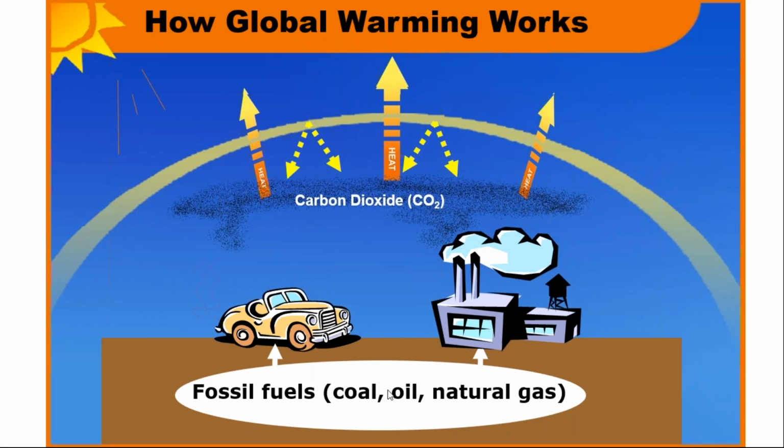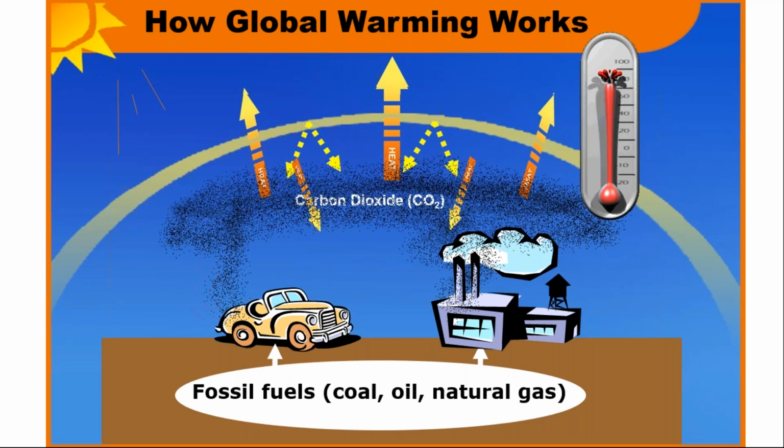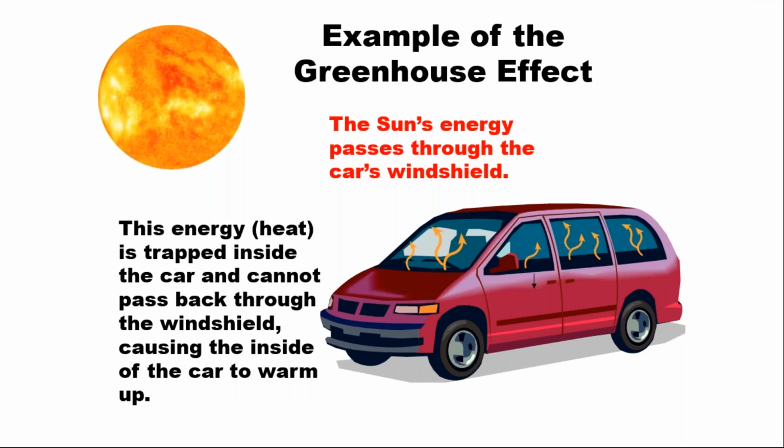So we have added this fossil fuel utilization, that is coal, petrol, diesel, natural gas, CNG, LPG, etc. And after combustion of these fuels, we are producing carbon derivatives like CO, CO2, etc. And that is why the capacity of holding heat in the atmosphere is increasing, and temperature is also going to increase day by day.